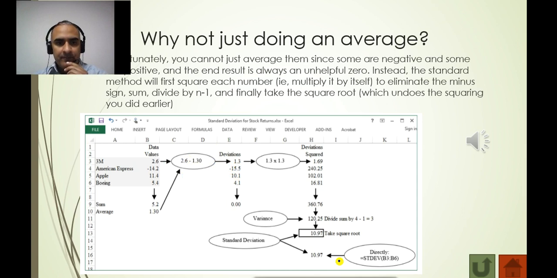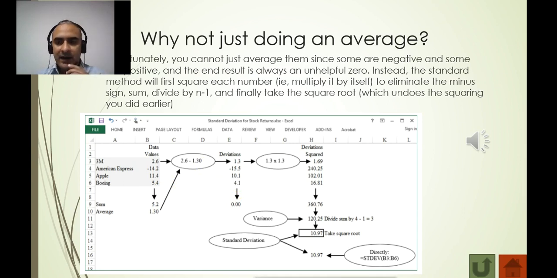Minus 14.2 is minus 15.5 away from 1.3. 11.4 is going to be 10.1 away from 1.3, and so on. Also, this number, 5.4, is going to be 4.1 away from 1.3. Okay?